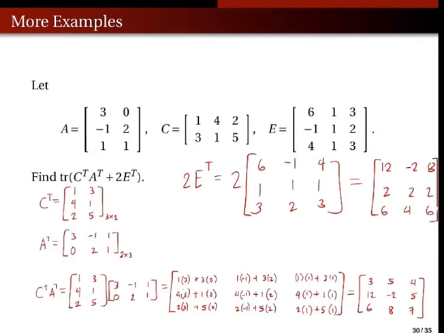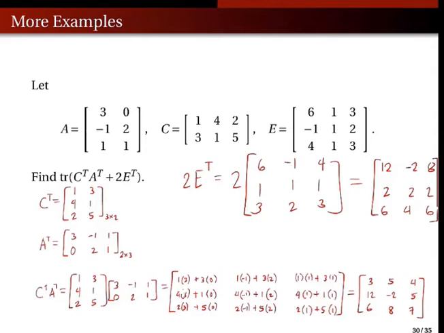But what students do, since at the end they just need a trace, is only compute the entries in the main diagonal. You will know that the A11 entry means you multiply first row, first column. A22 entry, multiply the second row, second column. A33 entry, multiply the third row, third column.